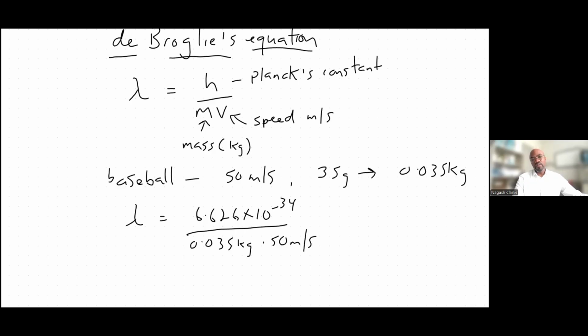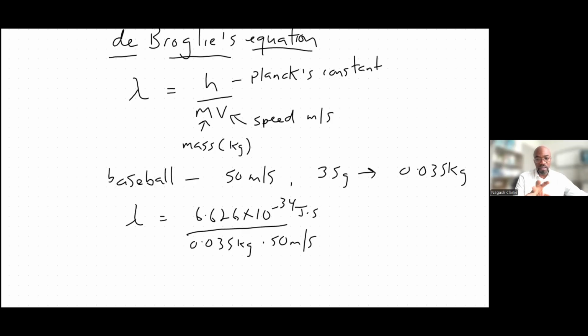Now this Planck's constant is in joules per second. We can break down joules into kilograms and meters and seconds, because you can think about the joule as force moving through a distance, which is force equal to mass times acceleration.